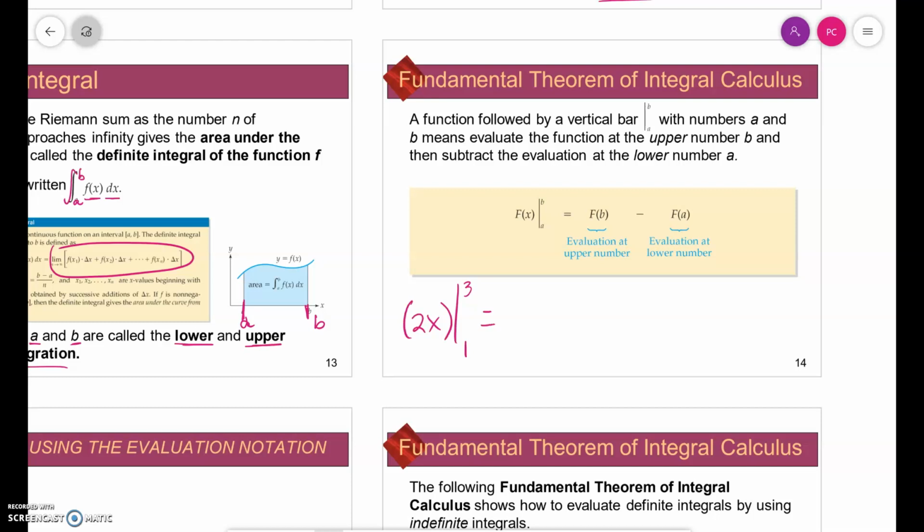That means I need to plug 3 into my function, so 2 times 3, and then subtract, plugging 1 into my function, 2 times 1. We can evaluate that. 6 minus 2 is 4. Again, this bar means evaluated from a to b, and we're always going to subtract the lower limit evaluation from the upper limit evaluation.